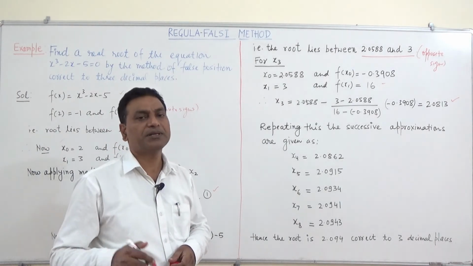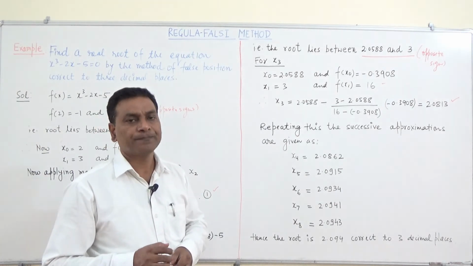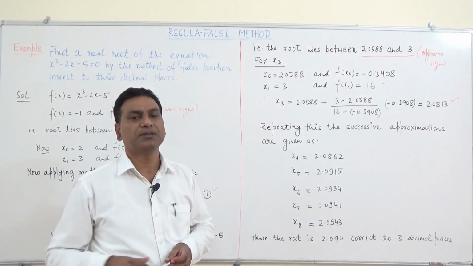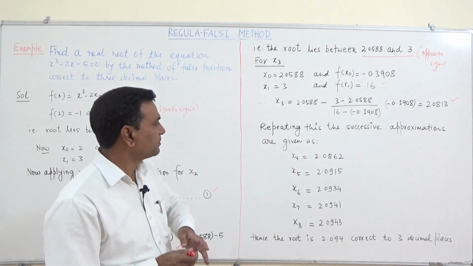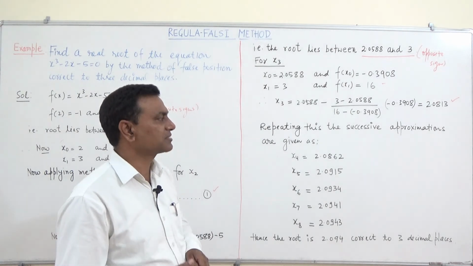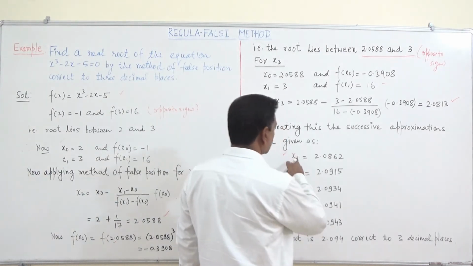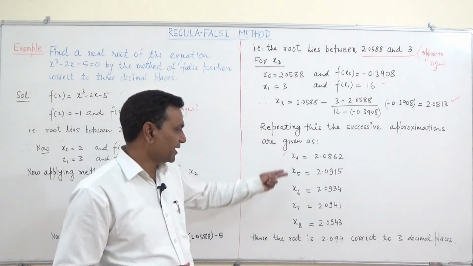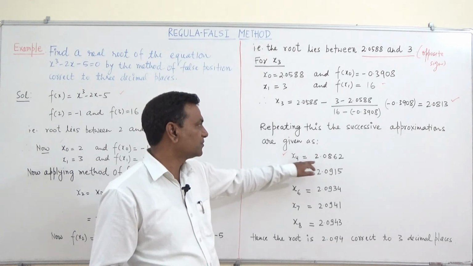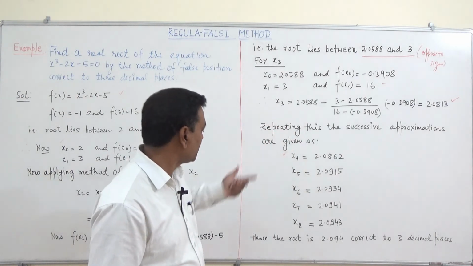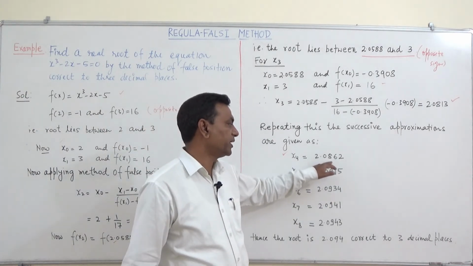We will repeat this process: next we find x4, then x5, x6, x7 and so on, until we get the final value of the root. Repeating this process, the successive approximations are as follows. For x4, the values of x0 and x1 will change, and using the formula given in equation 1, x4 comes out to be 2.0862.